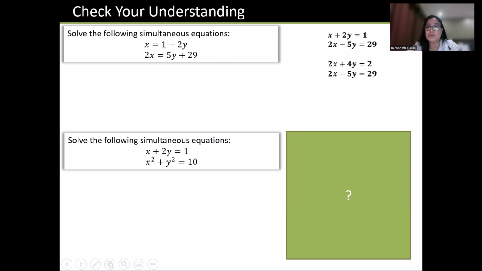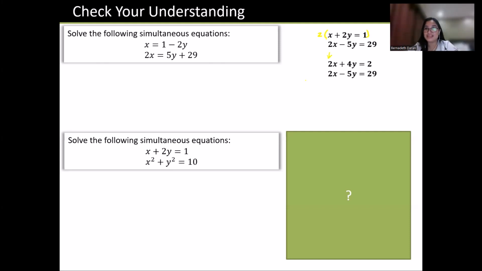Then we multiplied the first equation by 2, and that made it 2x plus 4y is equal to 2. Why did we do that? So that the numerical coefficients of x would be the same.